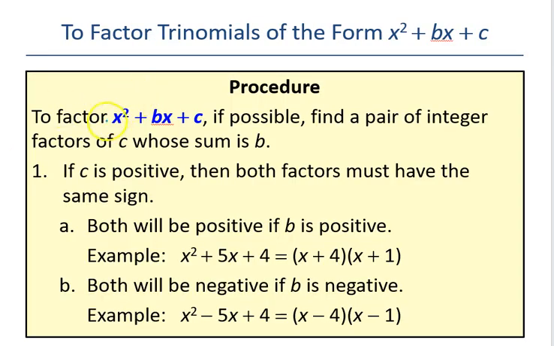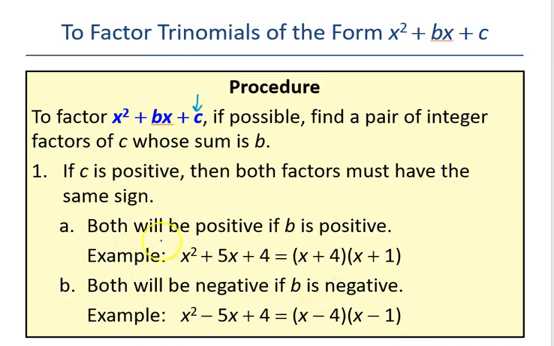To factor ax squared plus bx plus c, if possible, find the pair of integer factors of c whose sum is b. This is the procedure we've been doing. Now here's where it's going to give you some hints. If c is positive, then both factors must have the same sign.